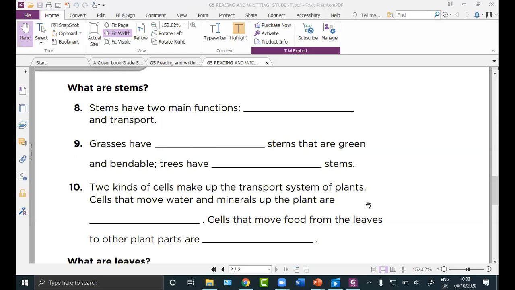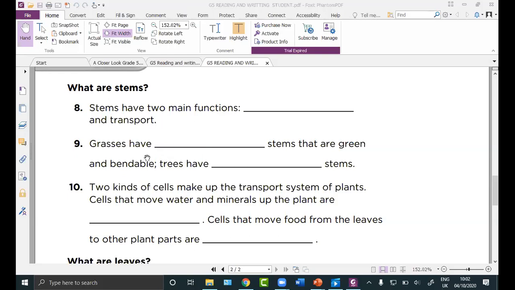Stems have two main functions: support and transport. The word is number 9.